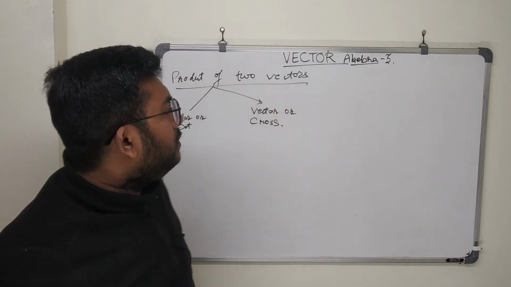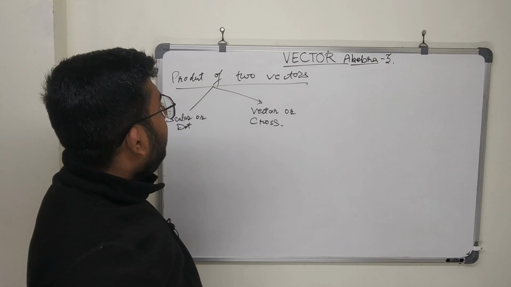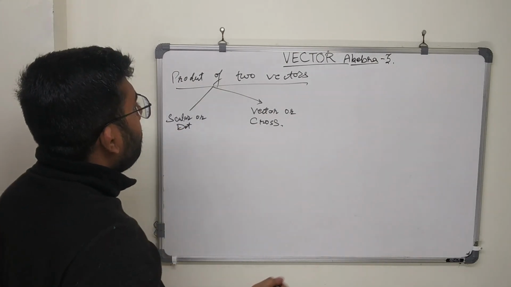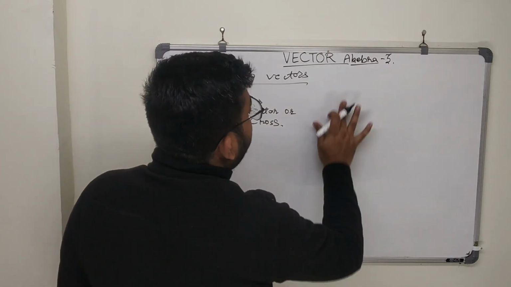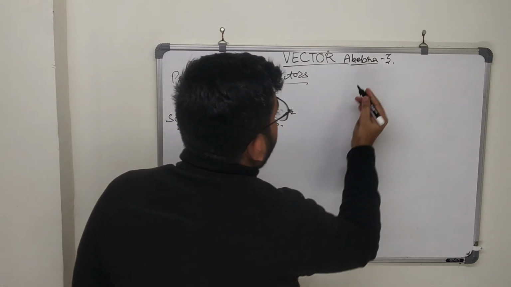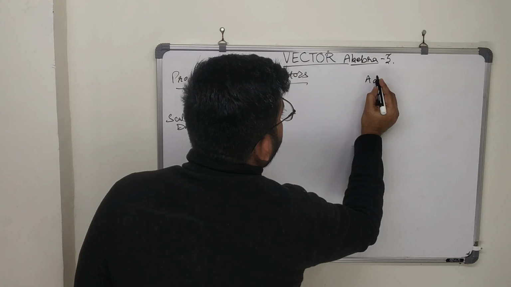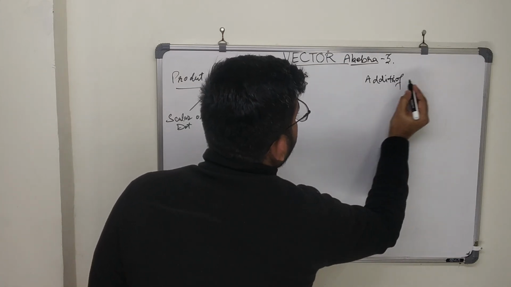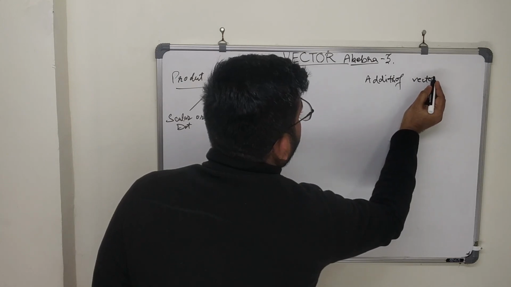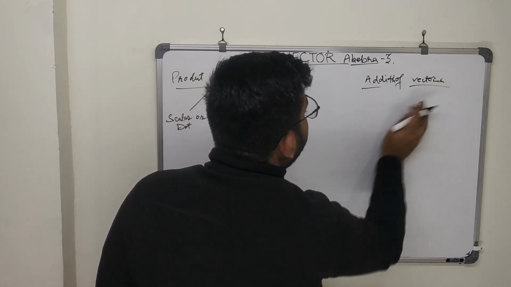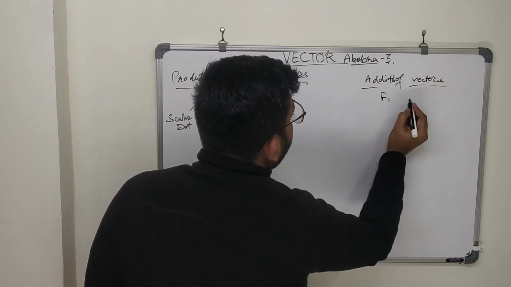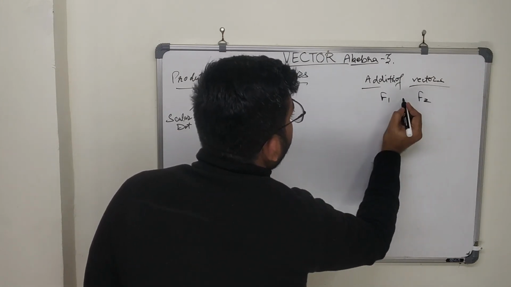तो अब तक हमने जो भी कॉन्सेप्ट्स पढ़े हैं वेक्टर अलजेब्रा में, we always try to focus on some application of those concepts, like suppose addition of vectors. In that case we studied like there is a force F1 and there is a force F2.